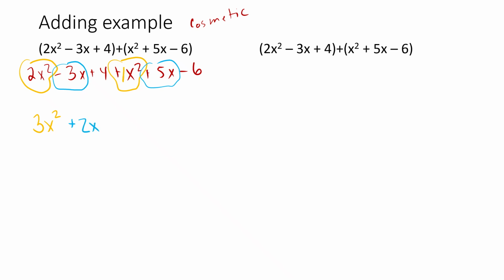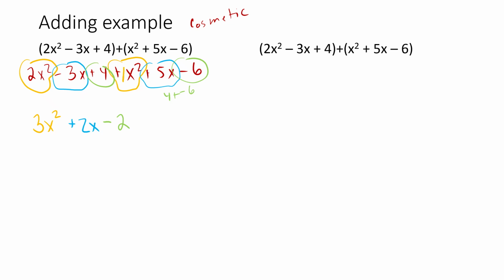And then last but not least, we have 4 minus 6, or if it helps you out, you could say 4 plus negative 6, and that would give me negative 2. So you could write that as minus 2 or plus negative 2. And that's really all there is to adding polynomials: you're just going to go hunt down where those like terms are, the things that are the same, and add them together.